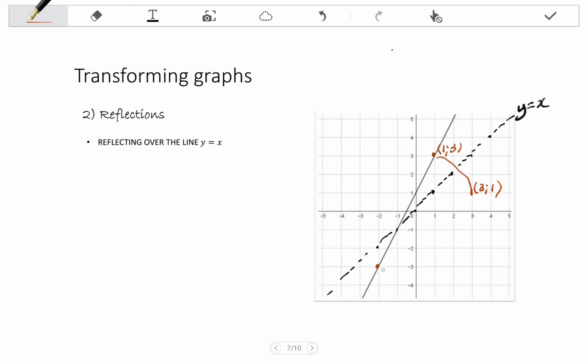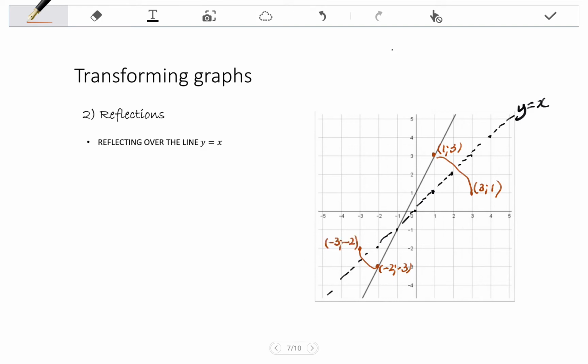Okay, here I have coordinates -2, -3. If I reflect over the line y equals x, this goes to, I need to just double check. Sorry, my graph is not 100% accurate there, so it's going to look a little bit inaccurate. But it goes there, okay, reflecting over the line. So the coordinates here are -3, -2.